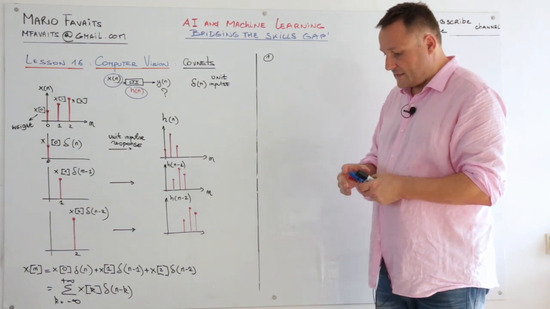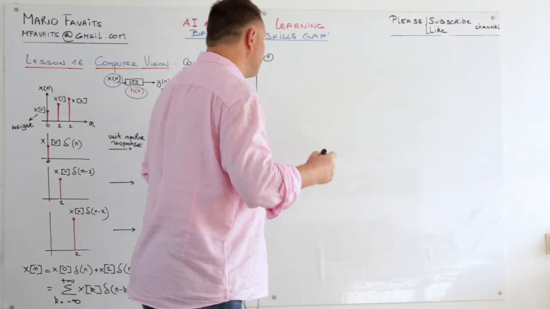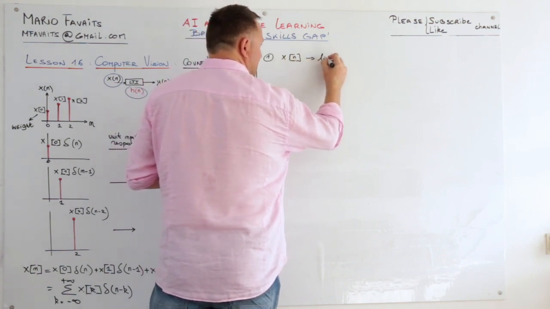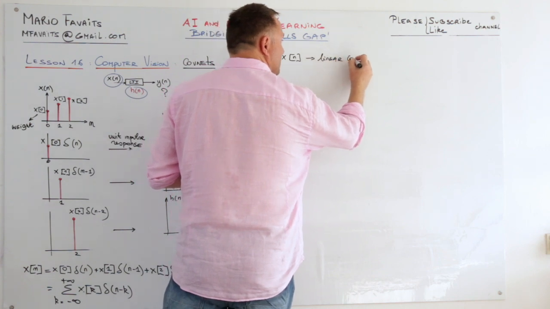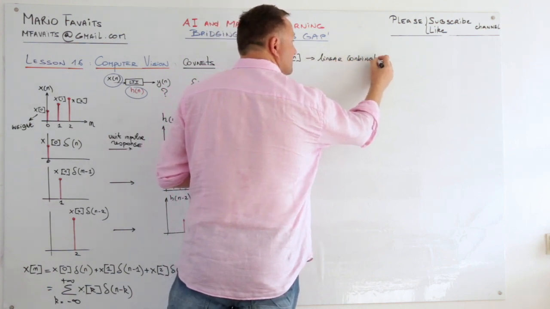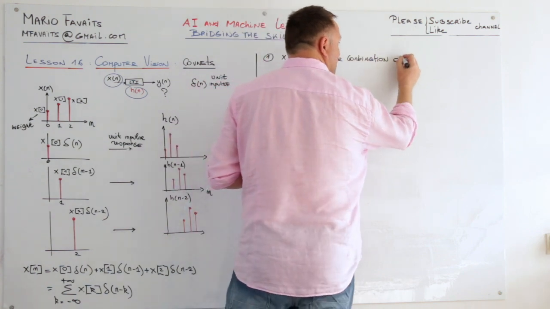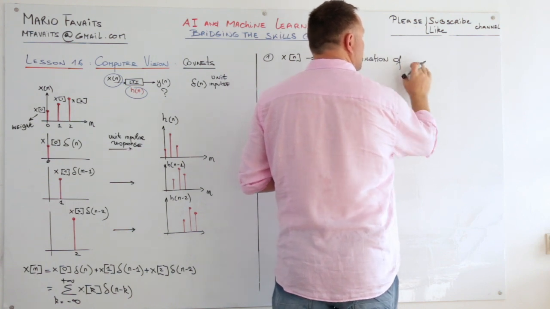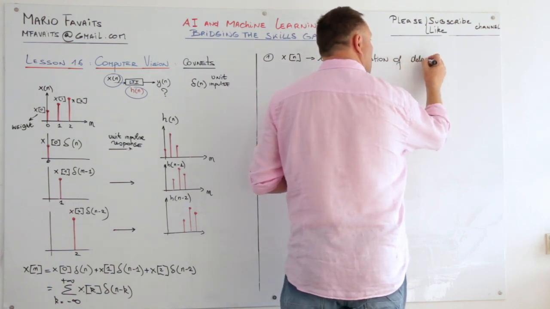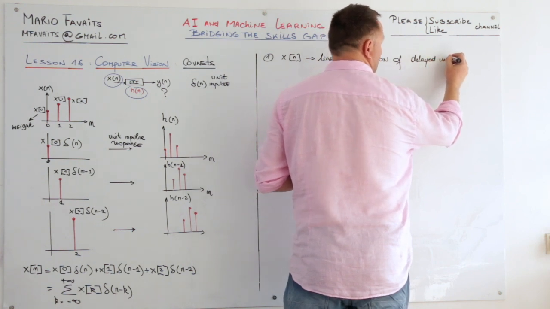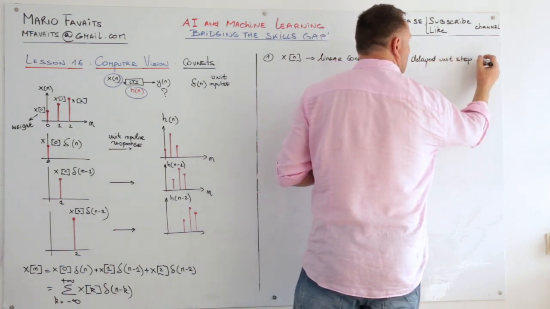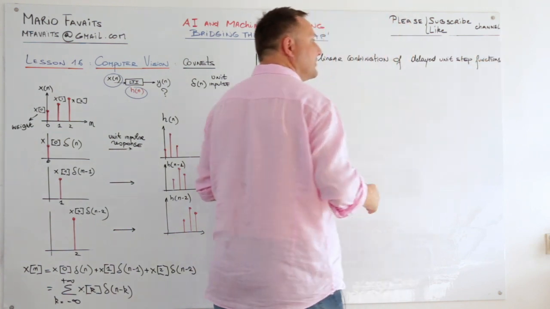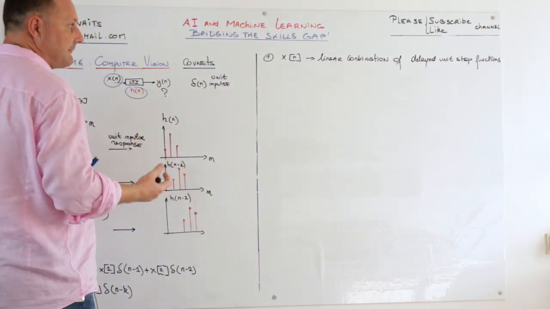What we've done is decompose x of n into a linear combination of delayed unit step functions, which are these deltas, unit impulse or step functions.